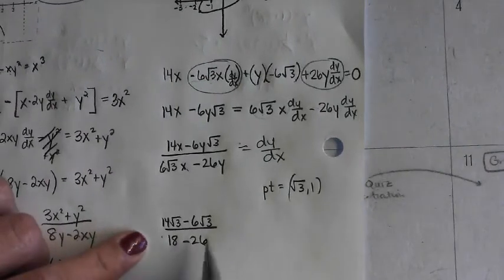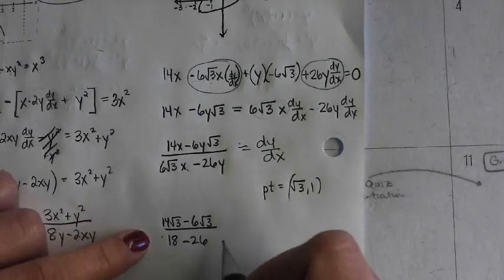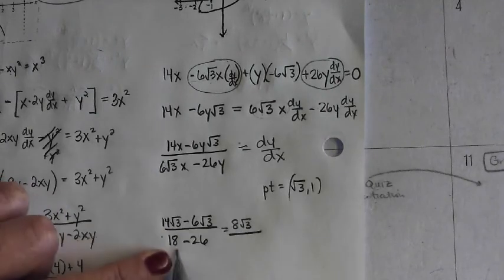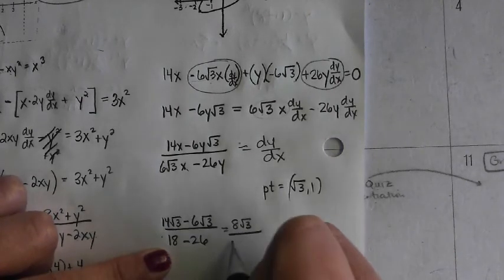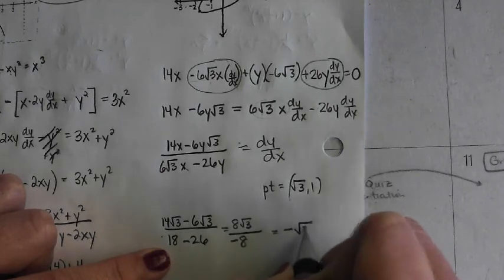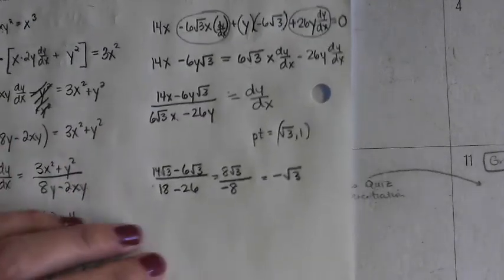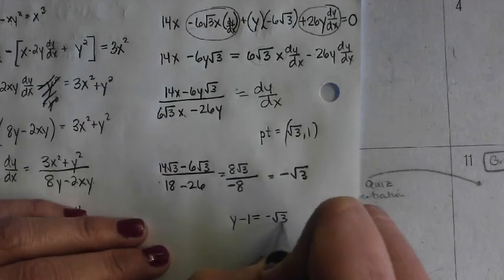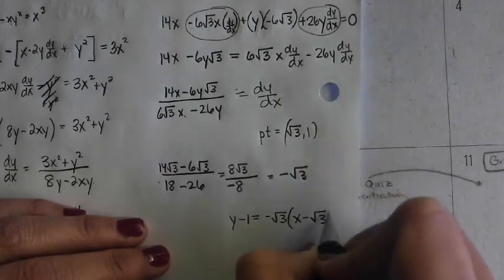So your slope ends up being 8 root 3 over 18 minus 26 is a negative 8. Negative radical 3. That worked out a lot more nicely than we would have initially thought. So y minus 1 equals negative root 3, x minus root 3.